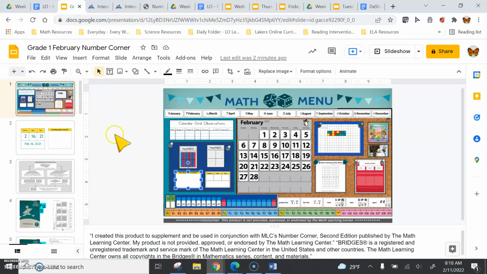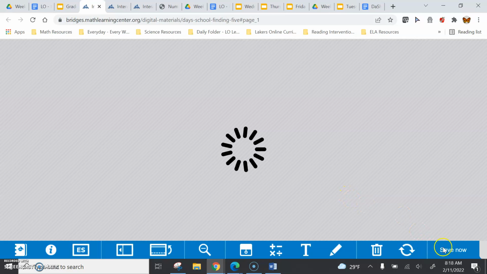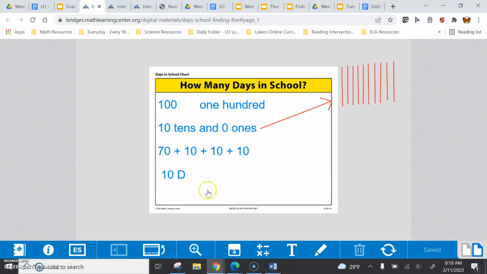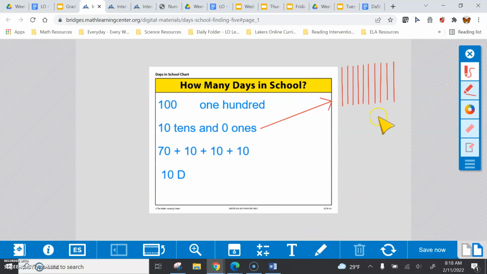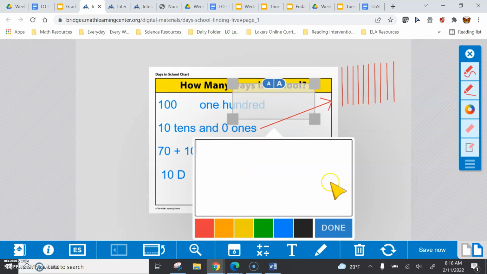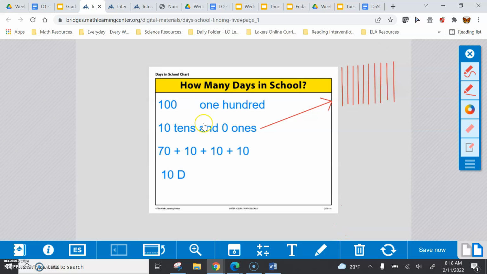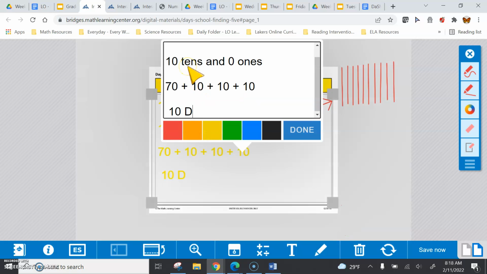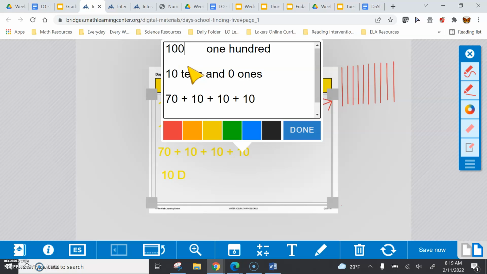That also means that we are going to add more information here. You know we have to do that. So if we're talking about the number 101, we have to change everything on here.